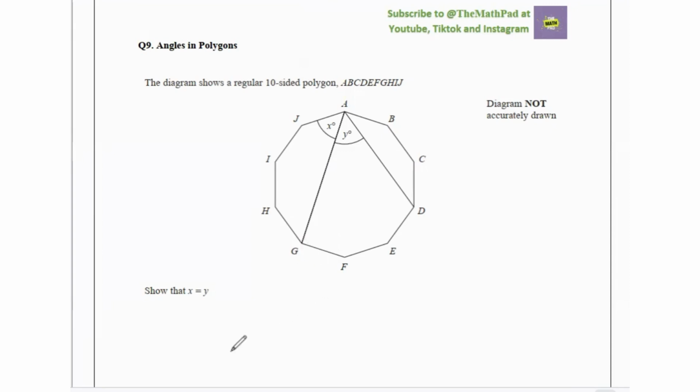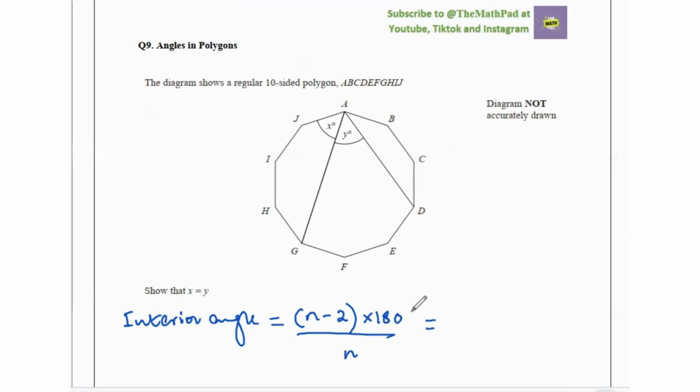So for this, you need to remember the formula for each interior angle, which is n minus 2 times 180 over n. If it was talking about the sum of interior angles, then you would do n minus 2 times 180.